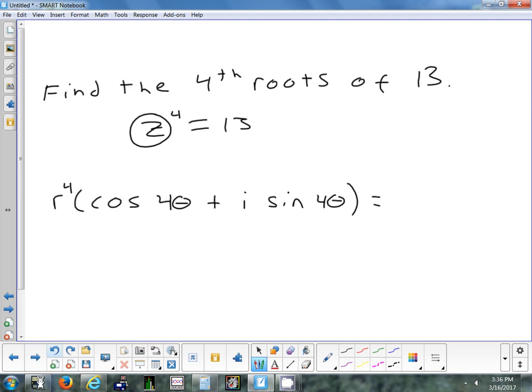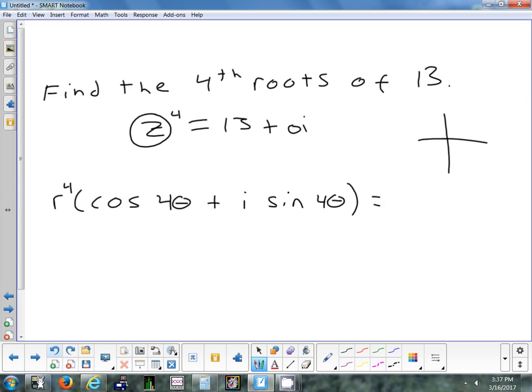And now the right-hand side, we have to write that number in trig form. So 13, what's the imaginary part? 0. Yep, didn't give me an imaginary part, which may or may not happen on the test. So the angle is going to be easy to find because you're on an axis. How would you graph 13?